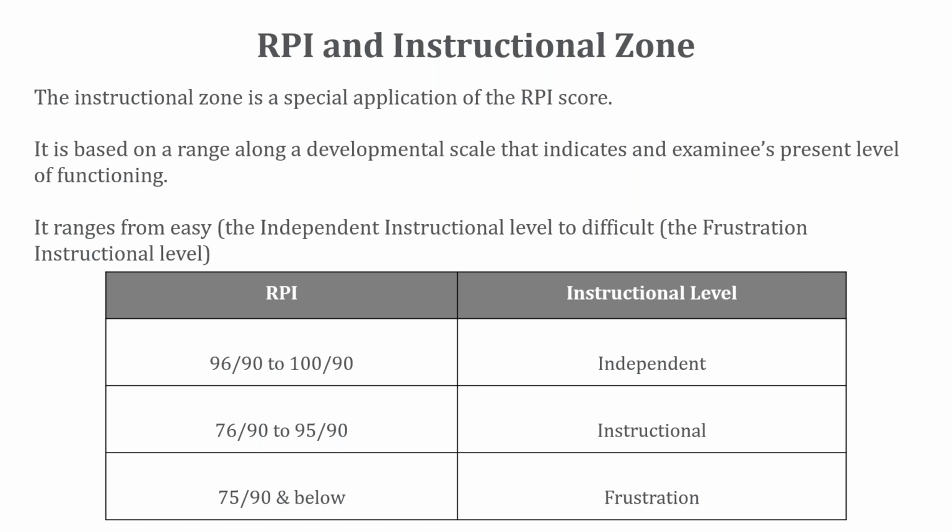And then if you're moving away from that instructional zone in a positive direction, 96 over 90 to 109 over 90, that's an independent instructional level, which you could incorporate into your recommendations on what the child needs to be doing when they're not having sort of face-to-face or direct instruction from a teacher. So it can again have implications for instructional planning and recommendations.